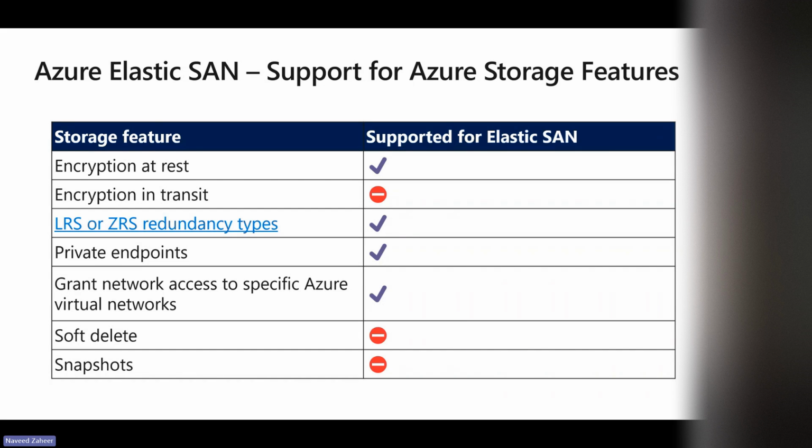We are using Storage Service Encryption (SSE) with a Microsoft Managed Key, so data is encrypted at rest. For access, it's using the iSCSI protocol. In regards to redundancy, you have locally redundant as well as ZRS available, depending on the region, and we will take a look at it in a second.